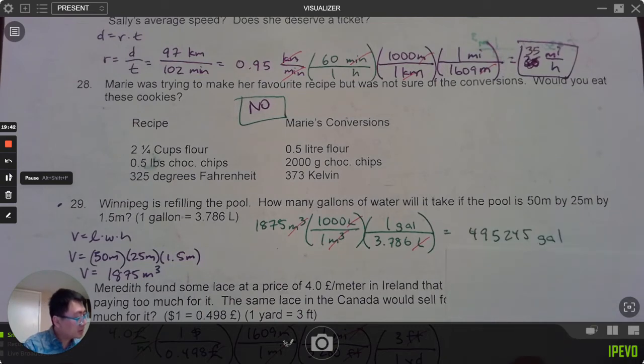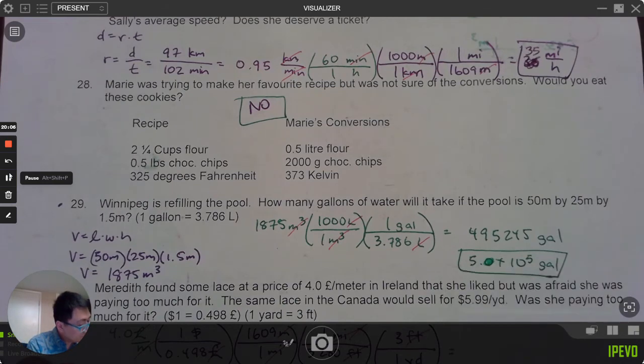I got on my calculator 495,245 gallons. Or in this case, if you want to see it as 1 sig fig because of that 50 meters, if that's 1 sig fig, then it would be 5 times 10 to the 5th gallons, based on the rules of sig figs.